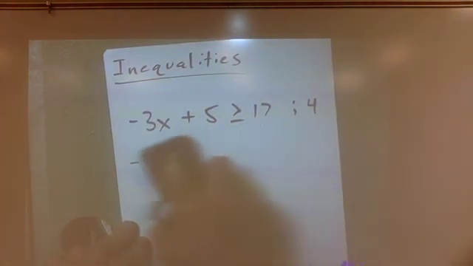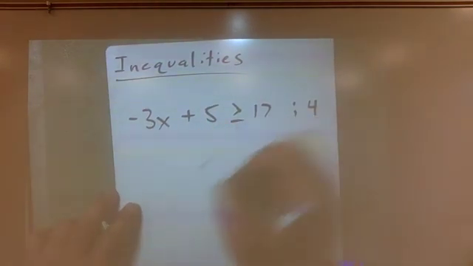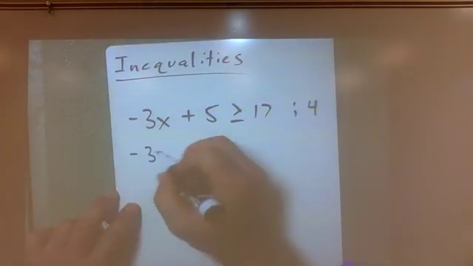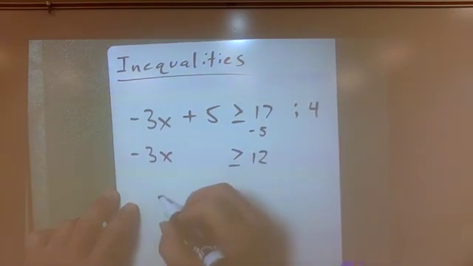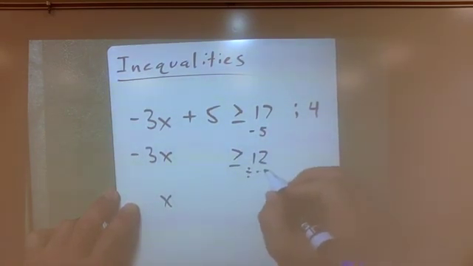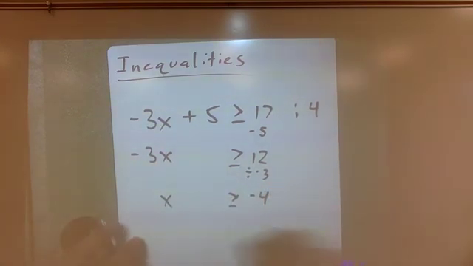All right? It's not that we made a mistake on our math. Negative 3 is going to work. It's that we didn't flip our sign. So let me redo this problem. Minus 5, you get 12, divide by negative 3, and you get negative 4. But when you divide it by that negative 3, you have to flip this sign.